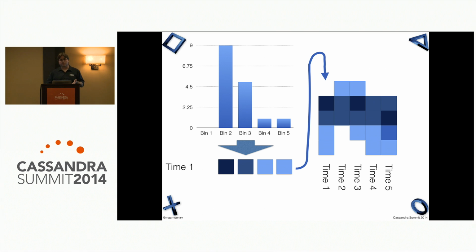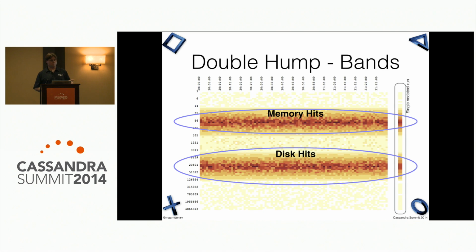So if we start pulling this together and we say, all right, let's go back to our original theory here and say there's a bunch of memory hits and there's a bunch of disk hits. This is the ultimate histogram that we got, which is on the very far left of the slide, that's what it could be expanded out to when we have sampled histograms, okay?